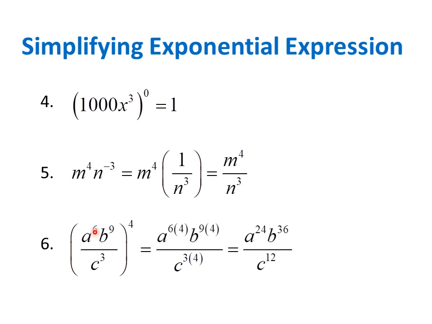In other words, we have to multiply the exponent of each variable by 4. So we have a to the 6 times 4, b to the 9 times 4, and c to the 3 times 4. 6 times 4 is 24, 9 times 4 is 36, and 3 times 4 is equal to 12.